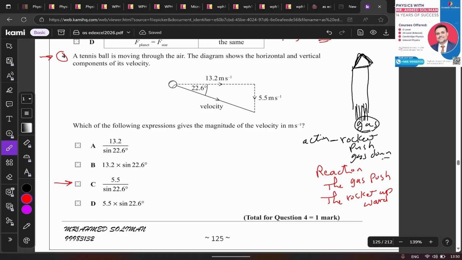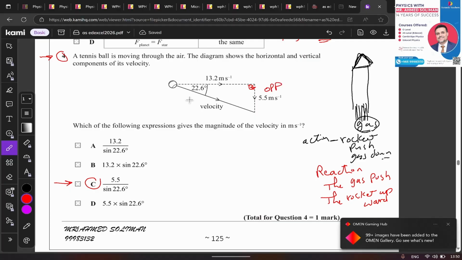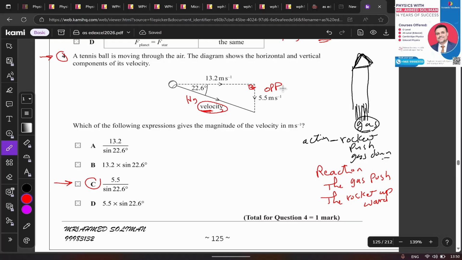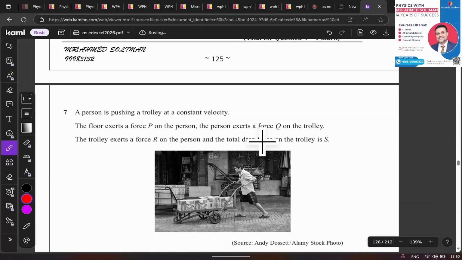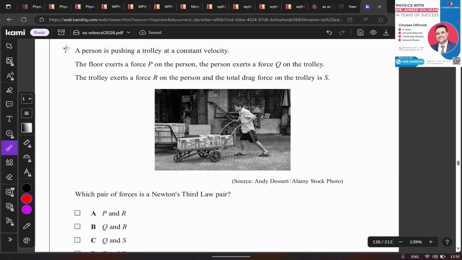Yes, sir, C is correct. C, because this is 90 degrees, and this is the opposite and this is the hypotenuse. So if you want the hypotenuse, it will be opposite over sine theta. We will use sine.